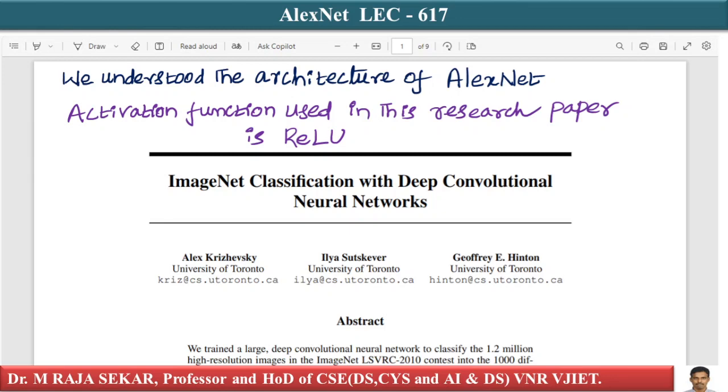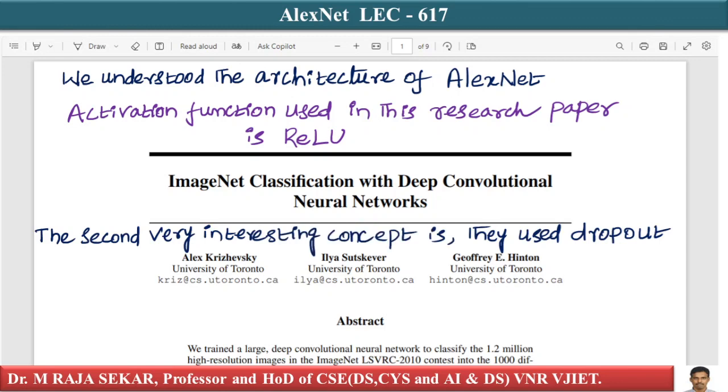The second very interesting concept is dropout. They used dropouts, which is also a very new concept as of 2012. ReLU was a very successful concept. It's still used extensively till today.